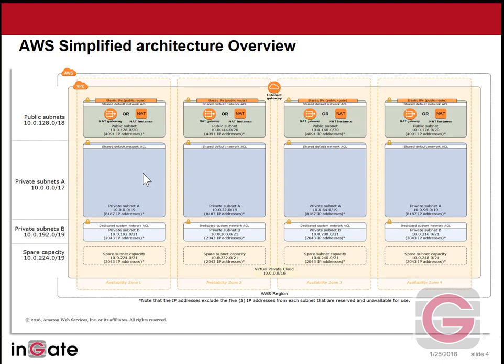Then you have the possibility of creating what is called a virtual private cloud, or VPC, and in your VPC you have full control of all your subnetting, addressing, etc. The architecture allows you to create public subnets, private subnets, etc. We are going to see this in more detail in one of the sessions.